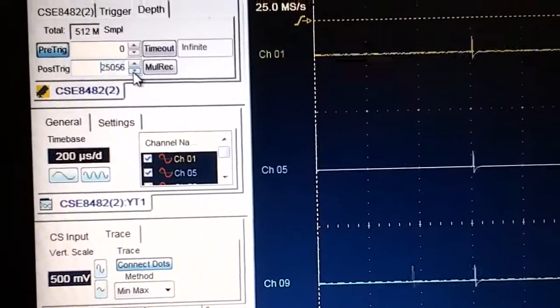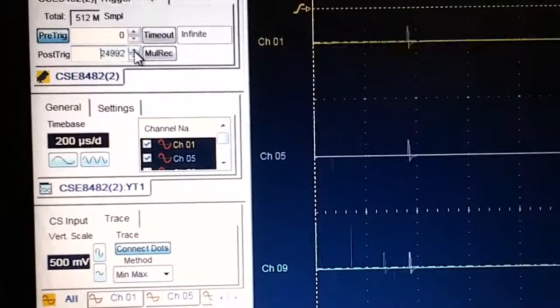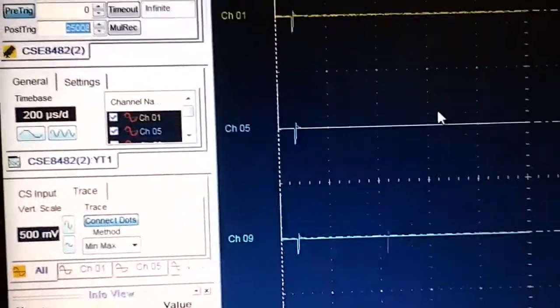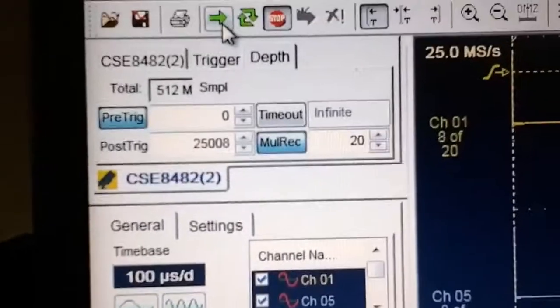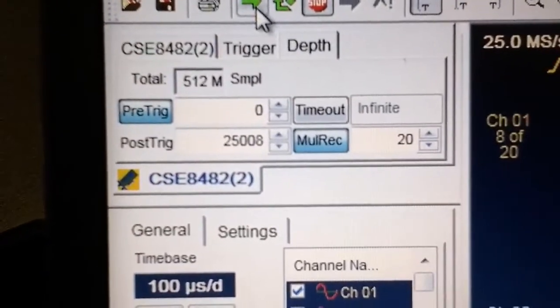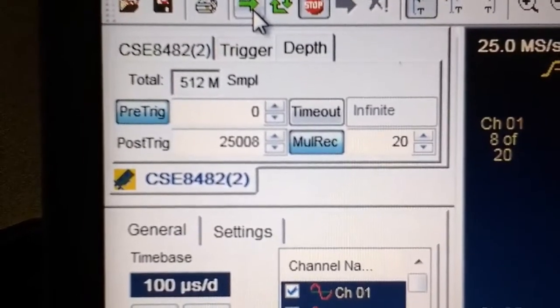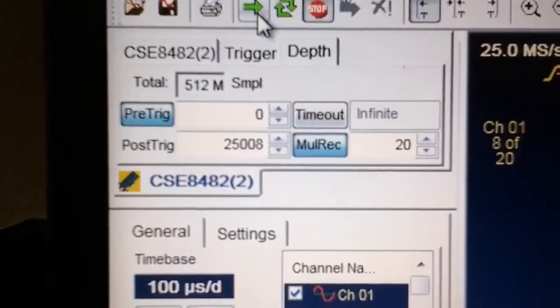So that's leaving about 600 points, which corresponds to about 25 microseconds, far more than the card needs to rearm itself. Now we're going to perform a multiple record acquisition of 20 records, in which the 20 records will be stacked in the card's onboard memory with lightning-fast hardware rearm between the two.